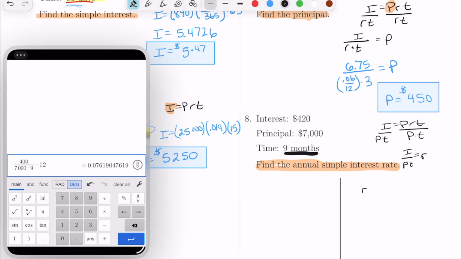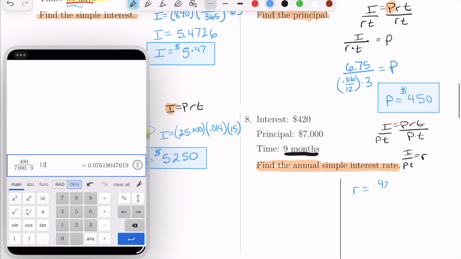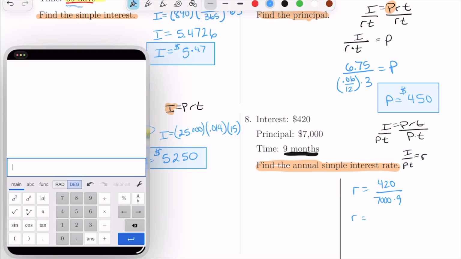So R is equal to 420 over principal 7,000 times 9. Now, keep in mind that 9 is in months. So we'll do 420 divided by 7,000 times 9.